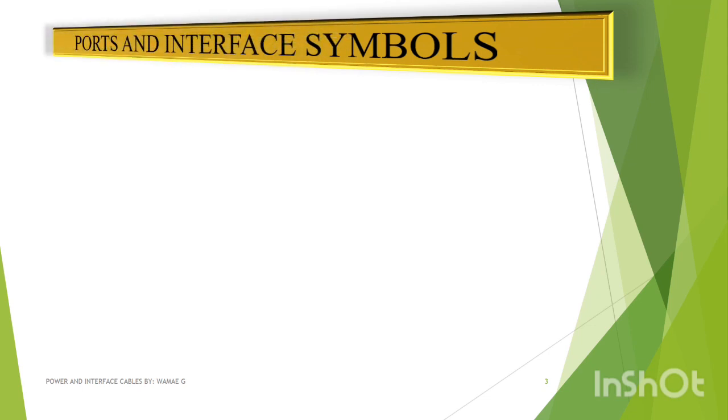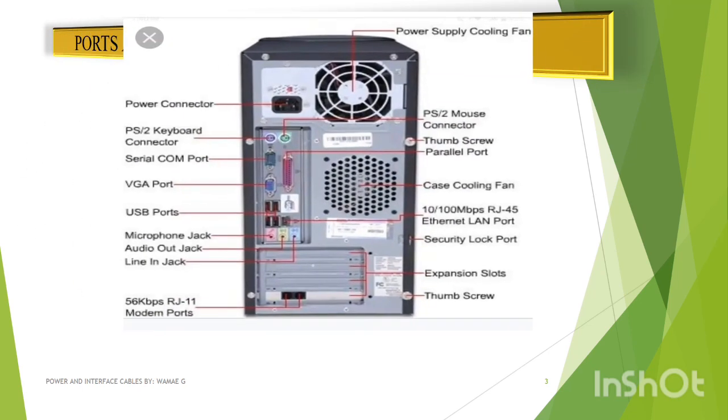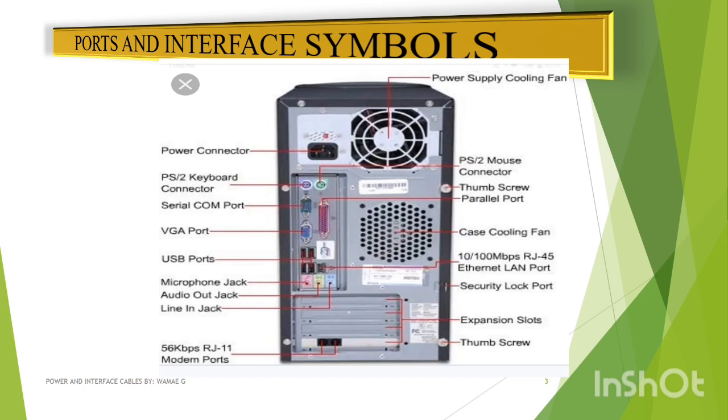Let's start with the very first, power and interface symbols. Dear viewer, I've shown the various interfaces and ports. The first one is the power connector, where we connect the power supply cable. PS/2 is where we connect the keyboard or even the mouse.